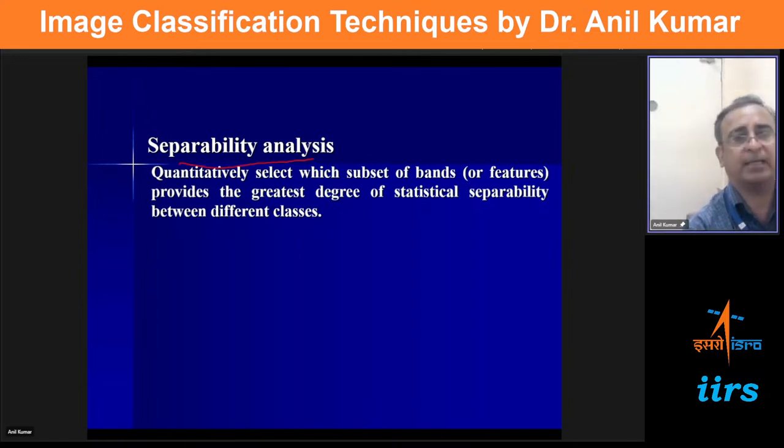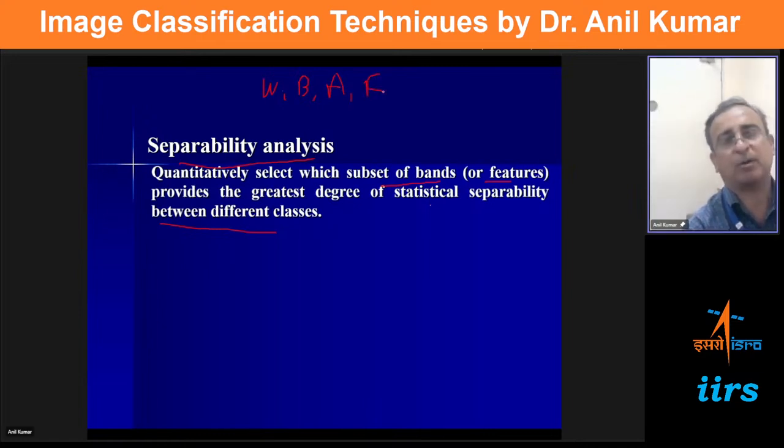Here, basically, separability analysis means quantitatively we have to select which subset of bands out of 10 bands, how many bands, only 6 or only 4 bands, are required. These bands or features are required to provide the greatest degree of statistical separability between the different classes I am looking for. That means I am looking for water, built up, agriculture, and forest.